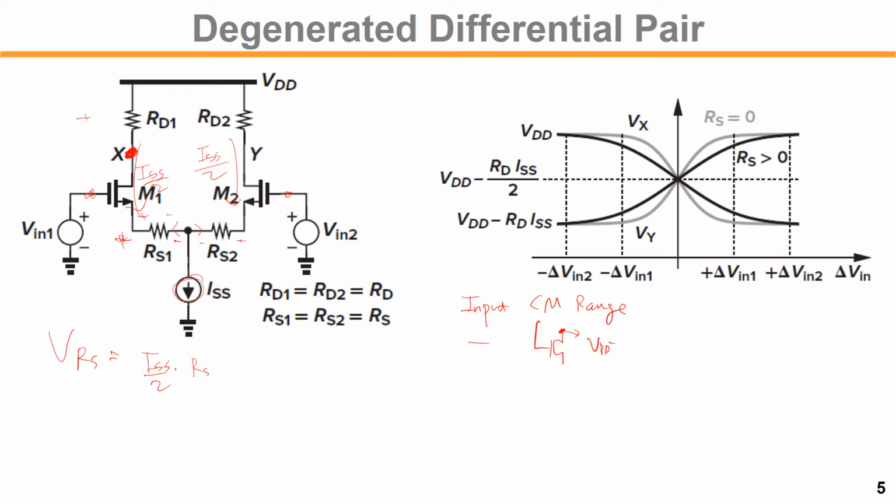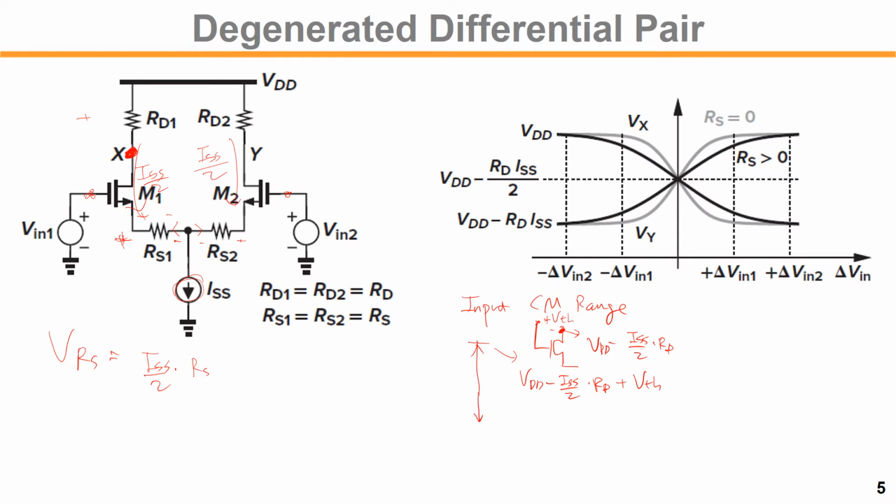VDD minus ISS over 2 times RD would be the output voltage of the drain, and the gate would be plus VTH above that drain voltage. So the maximum input voltage would be VDD minus ISS over 2 times RD plus VTH.